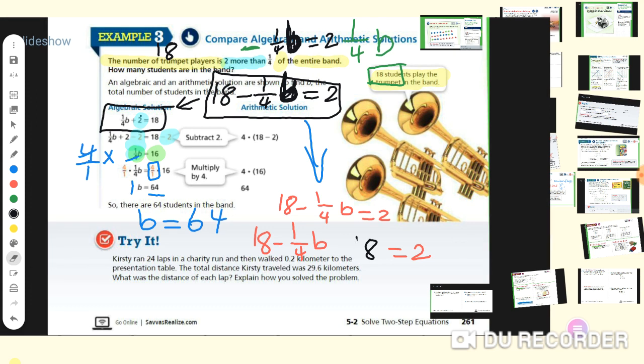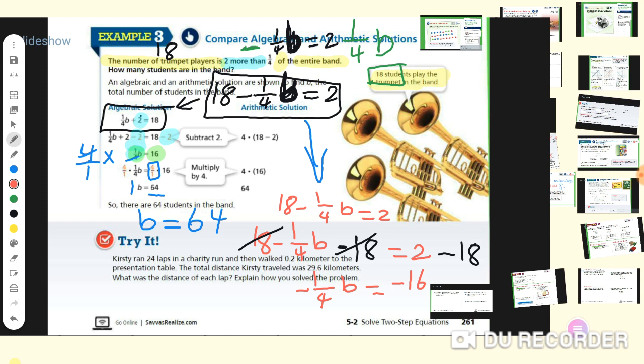So it's minus 18 and minus 18. Minus 18 with positive 18 gives you 0. So the number here should be negative 1 over 4 B equals 2 minus 18, which is negative 16.